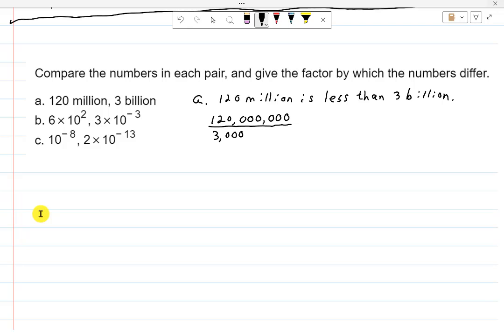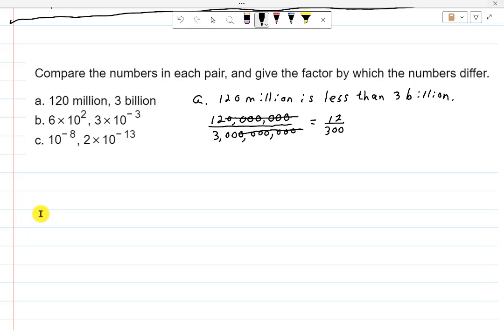And then 3 billion has 9 zeros. Now, one of the things you can do right off the bat quickly is you can divide the numerator and denominator by not just a million, but by 10 million. So I can take out 7 zeros just by dividing by 10 million. And I have 12 over 300 left.